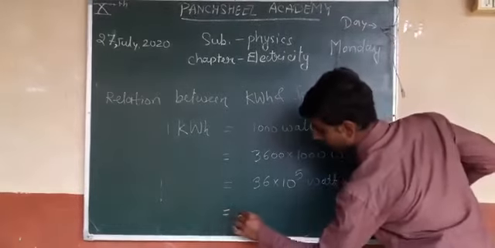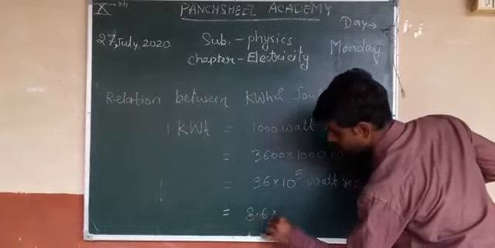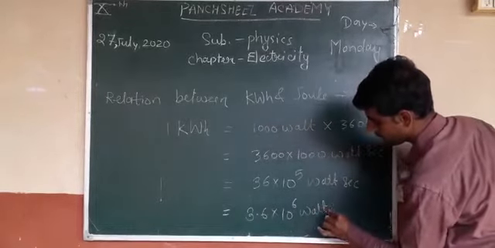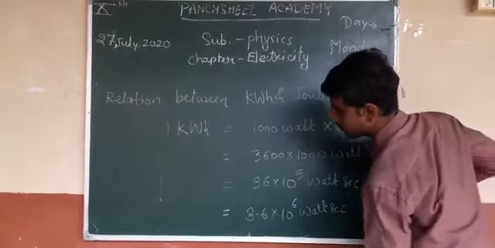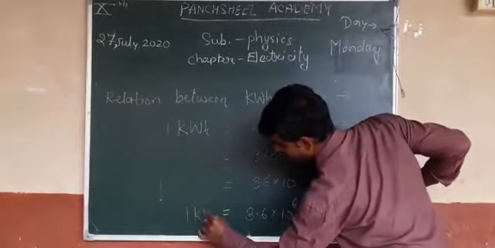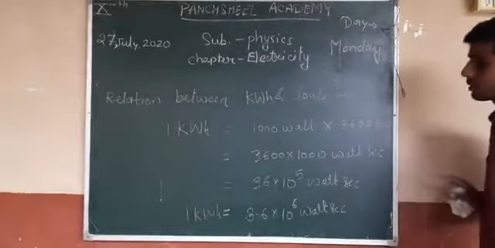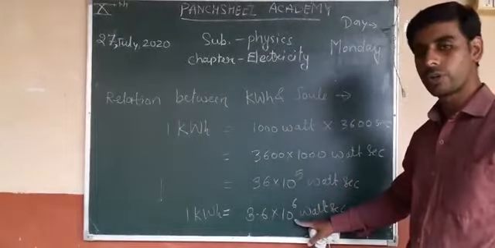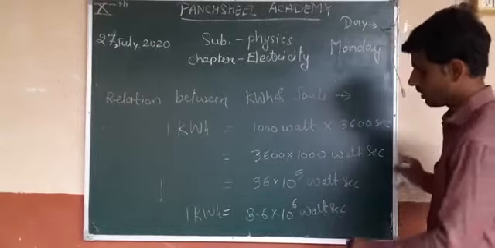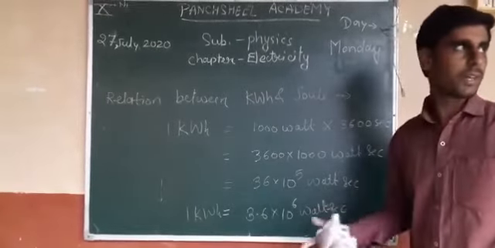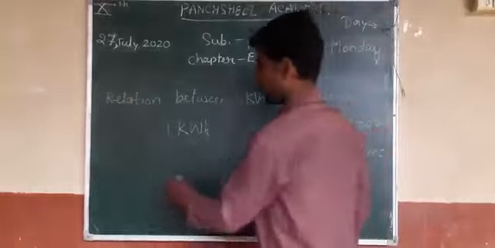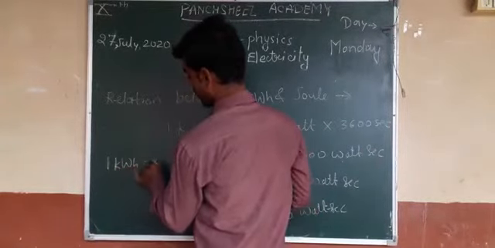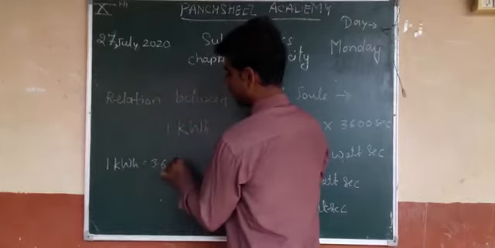If I write it as 3.6 into 10 to the power 6 watt second, this is the 1 kilowatt hour, or in place of watt second we can write joule. So what is the important relation? 1 kilowatt hour equal to 3.6 into 10 to the power 6 joule.